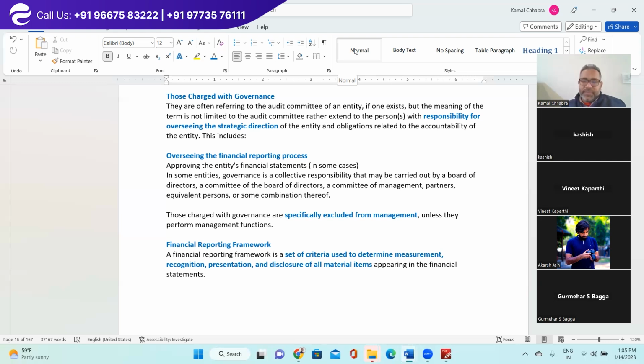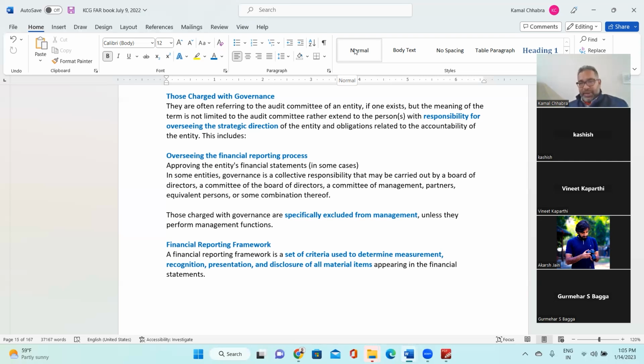Practically we have seen most of the time it's the audit committee, but theoretically it can be a combination of any such. Those charged with governance are specifically excluded from management unless they perform a management function. So ideally, those charged with governance should be over and above the management, and should not be part of management. So who is management?